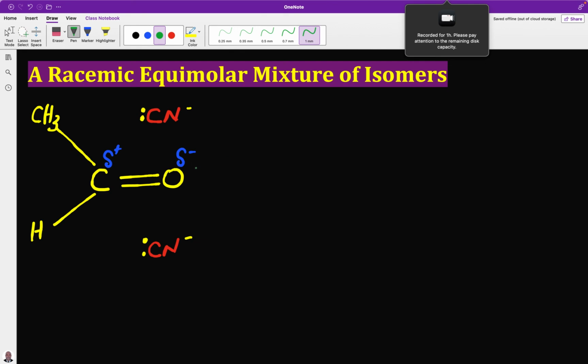In a carbonyl compound that is unsymmetrical and trigonal planar in shape, the cyanide ion has equal chance of attacking the molecule from above and below the plane of the molecule. So here, see what I'm talking about.